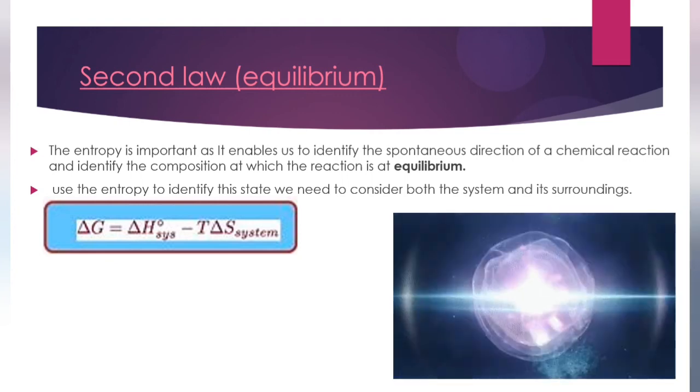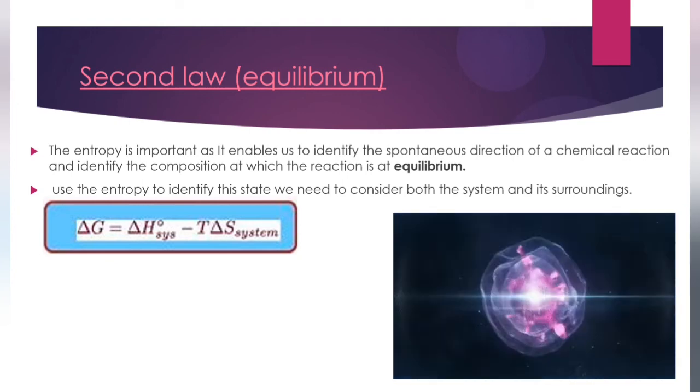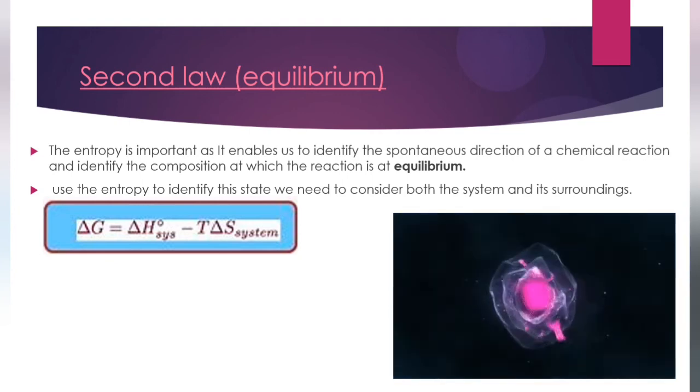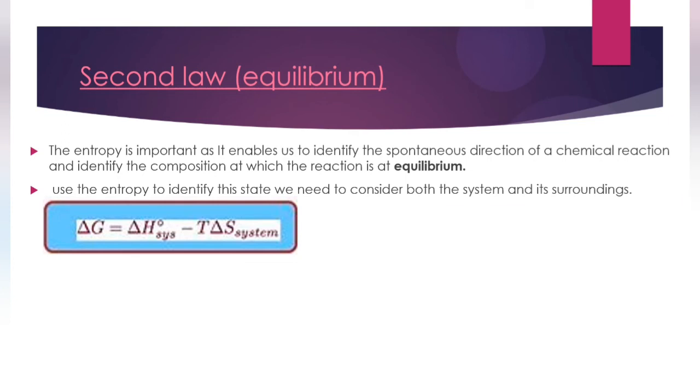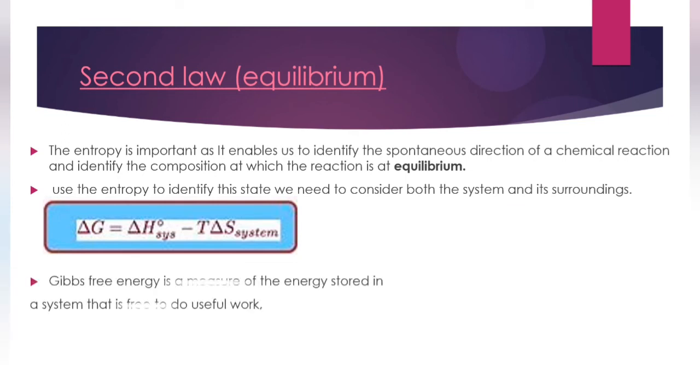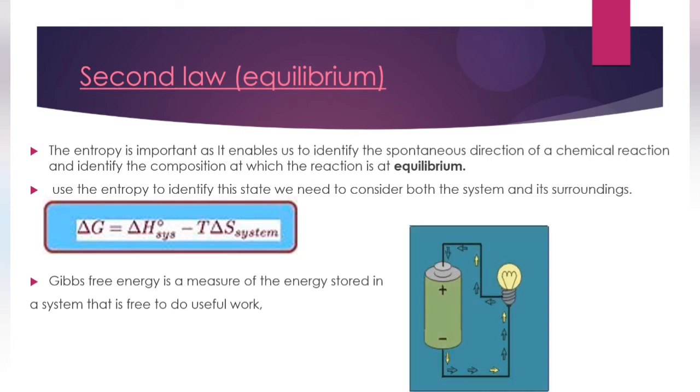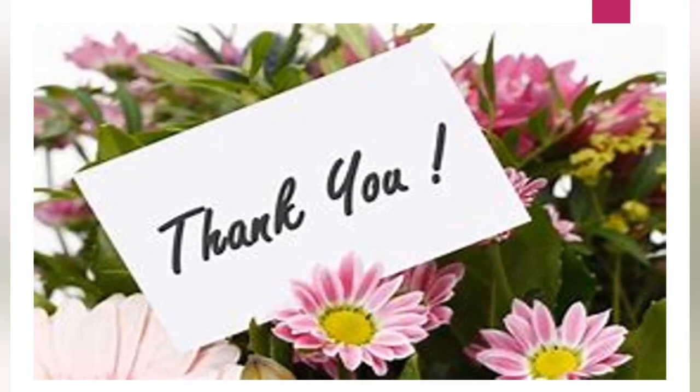The Gibbs energy, or the free energy, is a measure of the energy stored in a system that is free to do useful work, such as driving electrons through a circuit or causing a reaction to be driven in its non-spontaneous, unnatural direction.